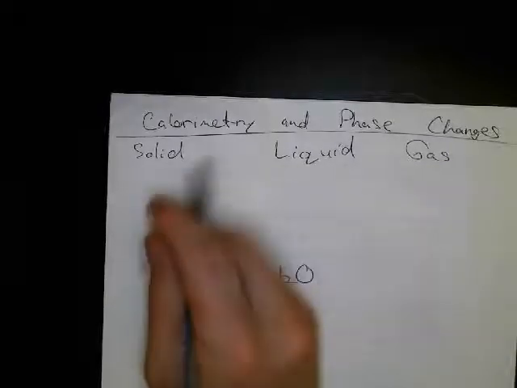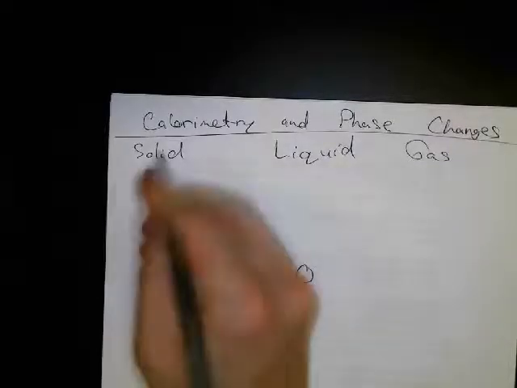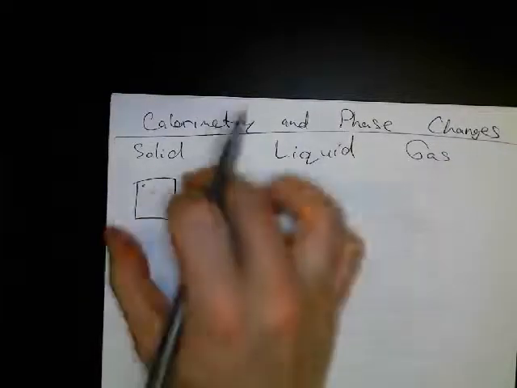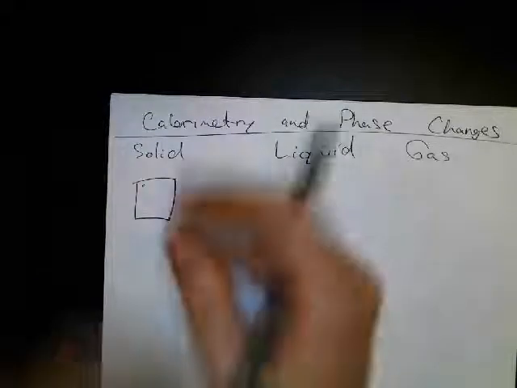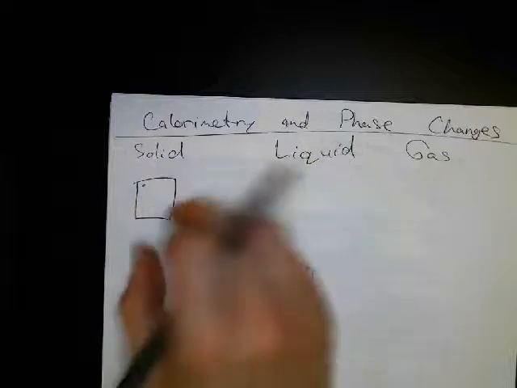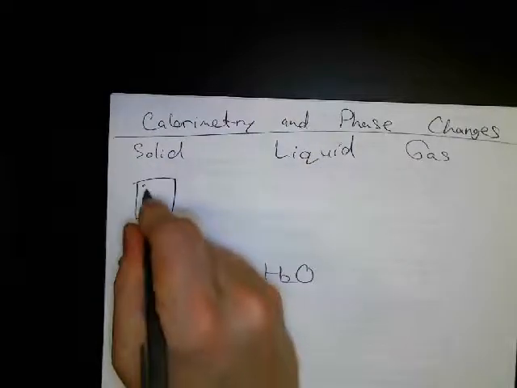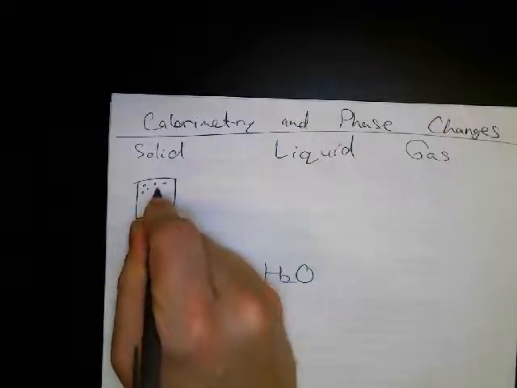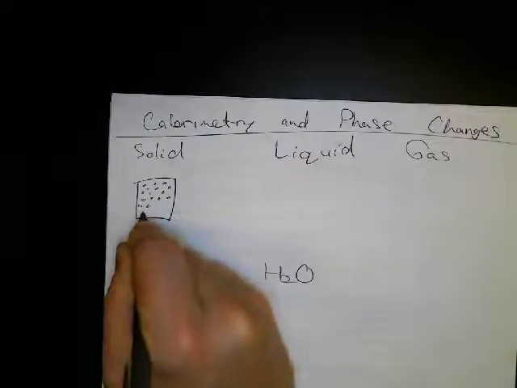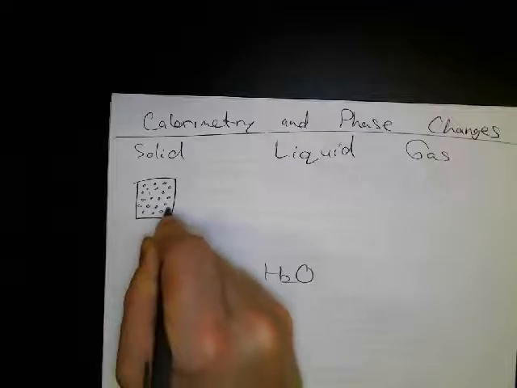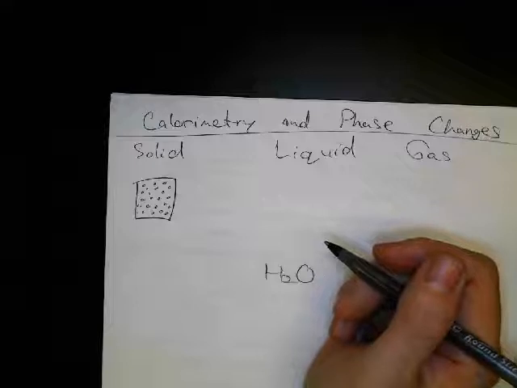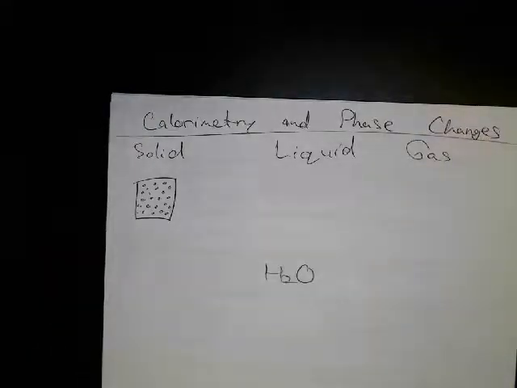What's going on in each of those cases? Well, a solid, we know if you take a cube of solid particles, they kind of stay in one place. They don't flop all over. They don't change their shape unless they melt, of course. So if you put an ice cube on the desk, it stays in its shape. So a solid, what we tend to assume as chemists is that all of those molecules are in place. They are not able to get out of their spots. They are held there rigidly. They do have some energy.